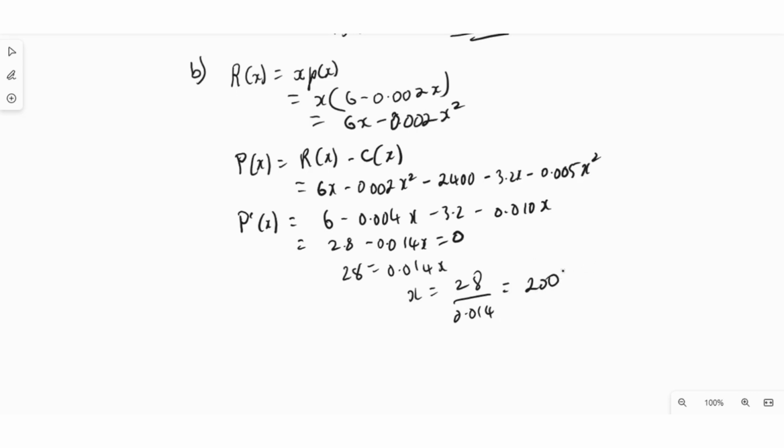So it might not be practical, but we get maximum profit at 200 items. Okay, so that's a typical example of optimization for business.